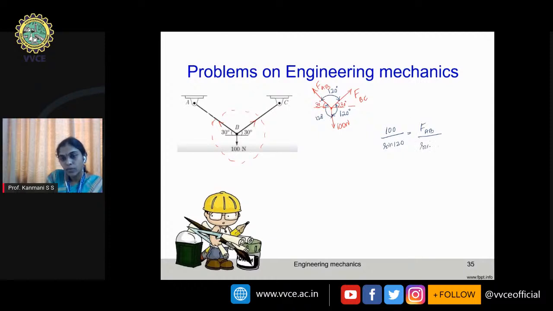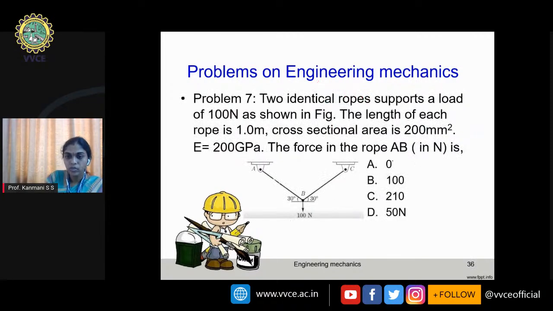So sine 120 is equal to FBC divided by sine 120 again. See, all are 120, I will remove them. So you can straight away tell FAB is equal to 100, FBC is equal to 100. So the answer is force in rope AB is 100 Newton. So this is the answer we have for problem number 7.